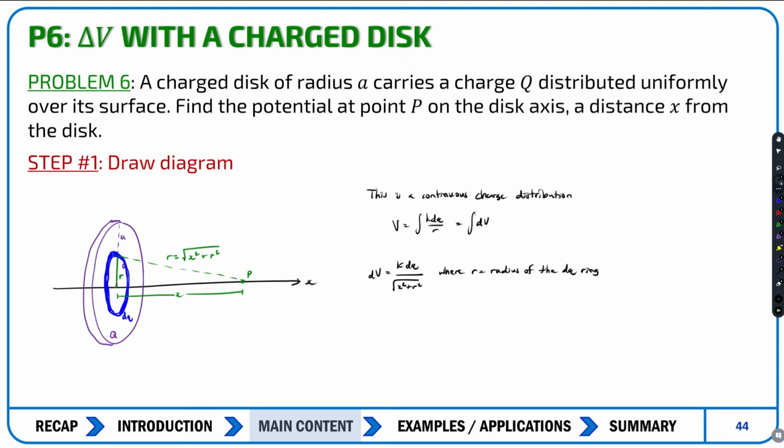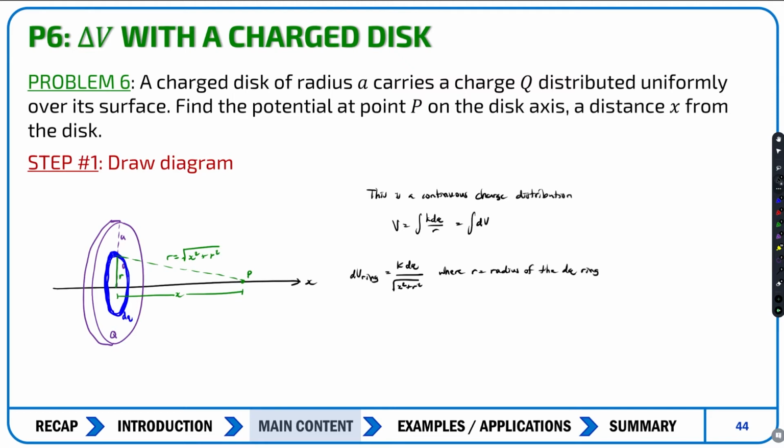And so at this point, it would be a good idea to rename dV as dV ring, because this will tell me the potential from one whole ring versus the potential from one tiny sliver of surface area.